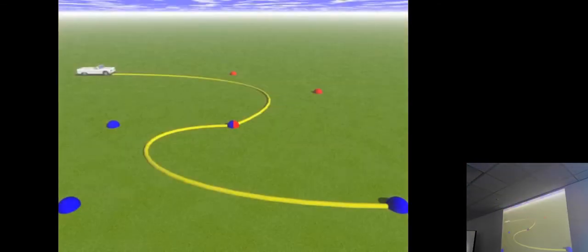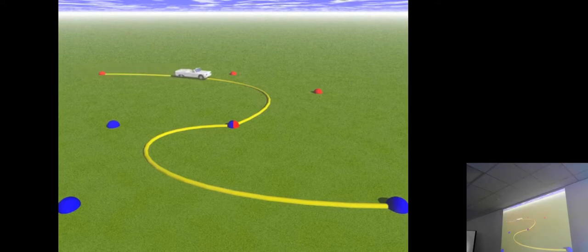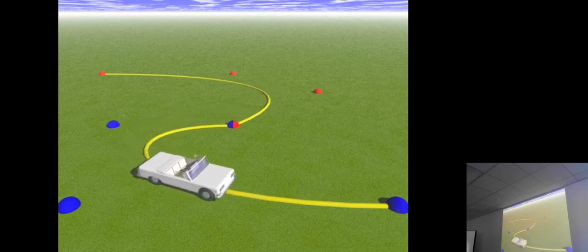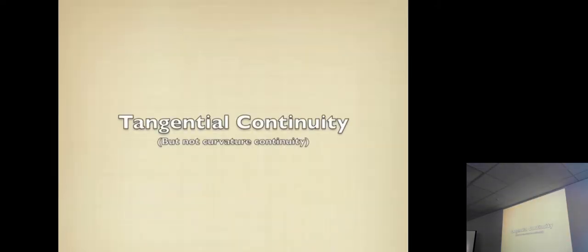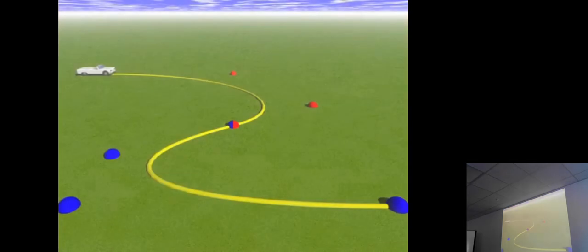If we ensure continuity of position, but not continuity of velocity, then at the middle of the path, the car will suddenly change direction. Right here. This would only be appropriate if a collision or some other force impacted the car at that moment. If we don't want this to happen, we can ensure tangential continuity, that is, continuity of velocity.